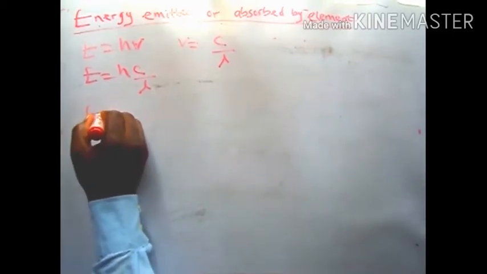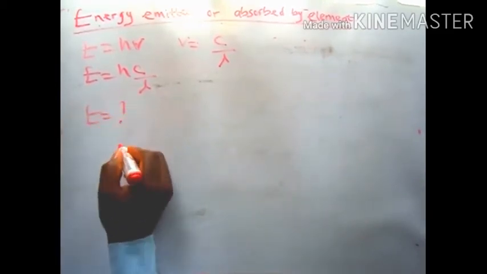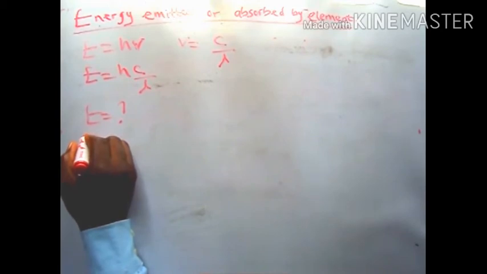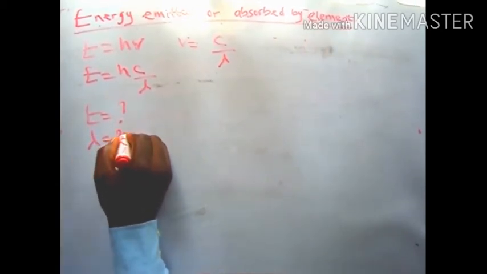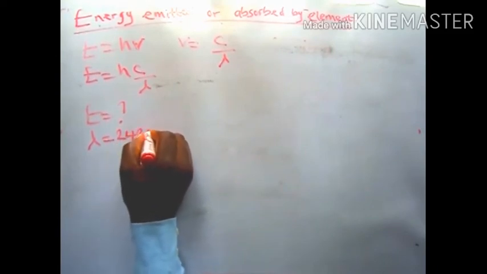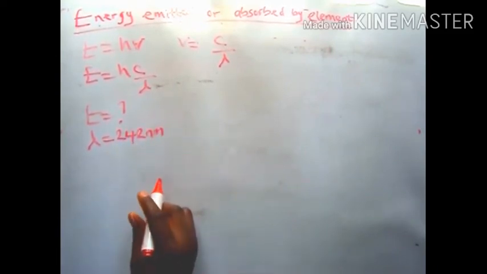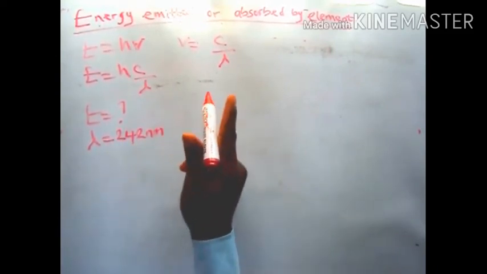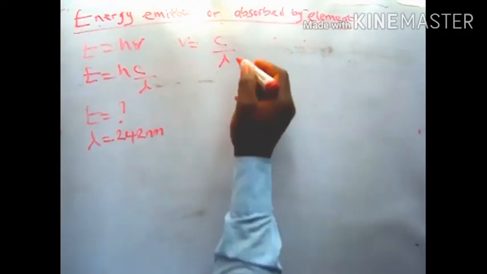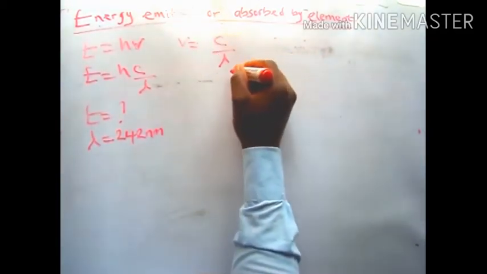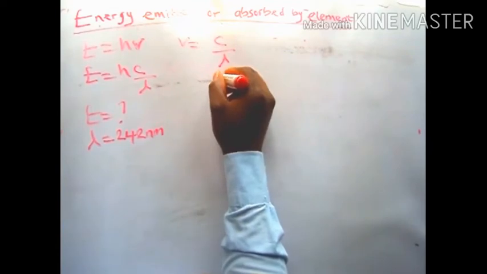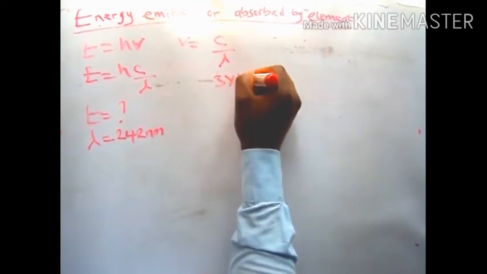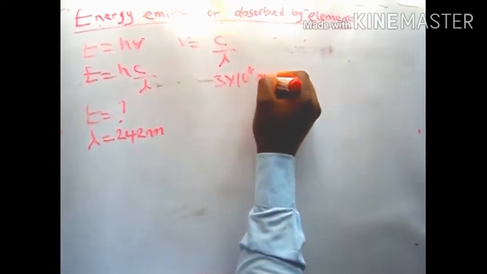You are asked to calculate the energy, and you are given your wavelength to be 242 nanometers. Before you proceed, because you will be having your speed of light in meters per second, that's 3 times 10 raised to power 8 meters per second.